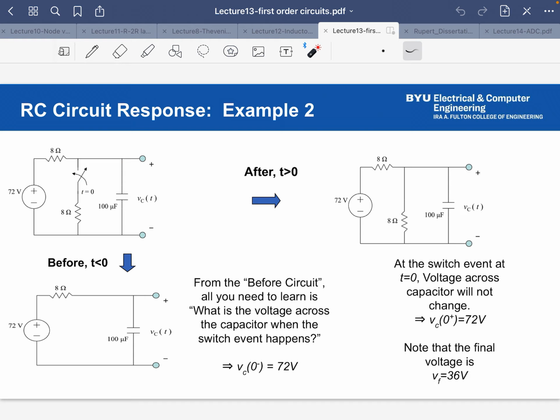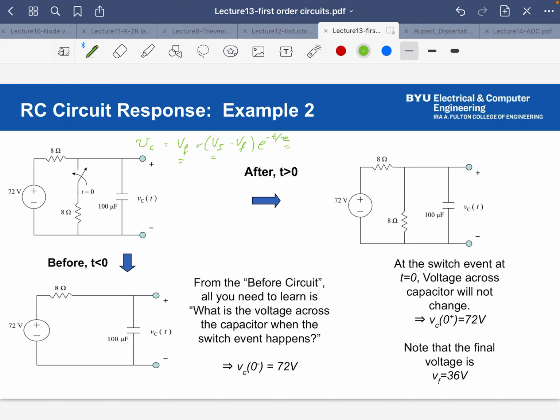What we need to do, the voltage across the capacitor, V across the capacitor, is going to be the final voltage plus the initial voltage minus the final voltage, e to the minus t over tau. So we need to find the final voltage, the initial voltage, and tau.